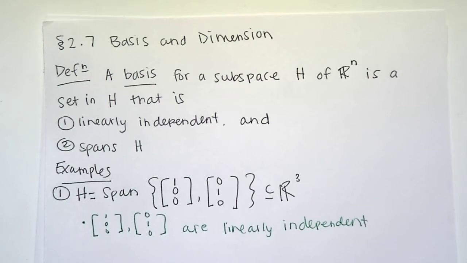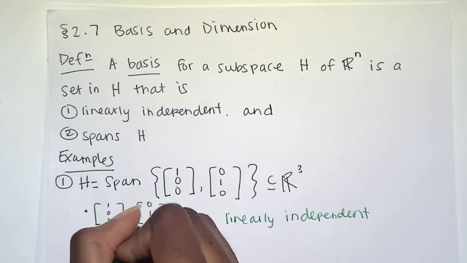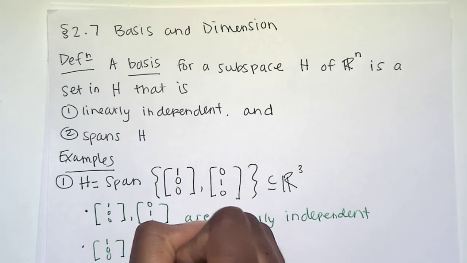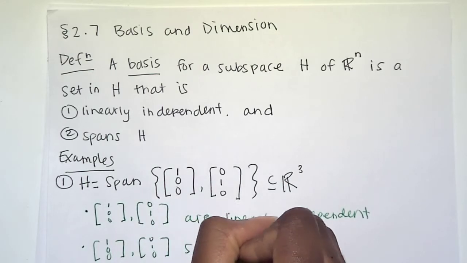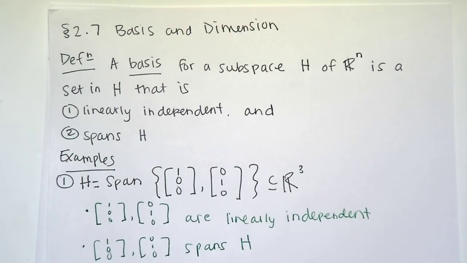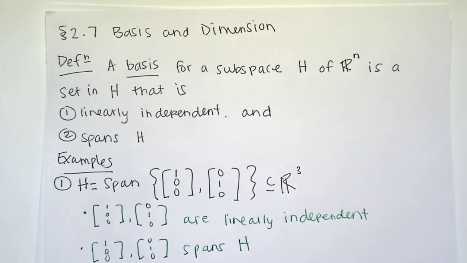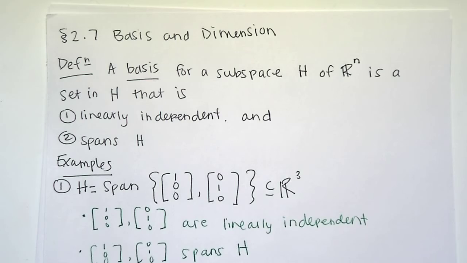Okay, next, does it span? Of course. Of course it spans because everything in H is the span of these two. So everything in H can be written as a linear combination of these two. Therefore, these two form a basis for H.